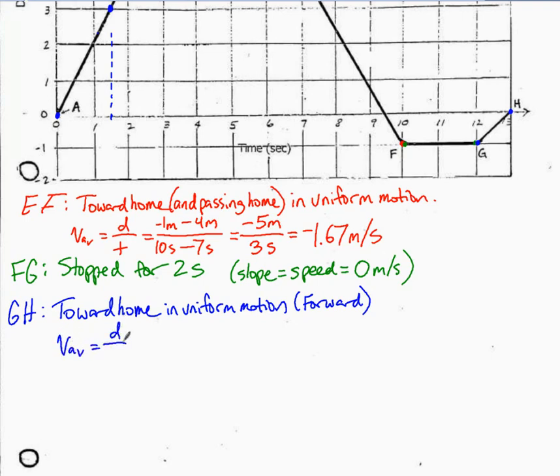Finding the average velocity, that's distance over time. Distance, we moved a total of 1 meter. Time, it is 1 second. And so we are moving at a speed of 1 meter per second toward home.